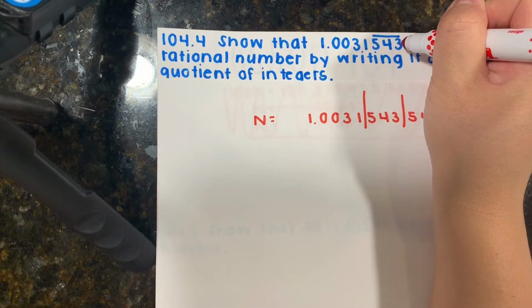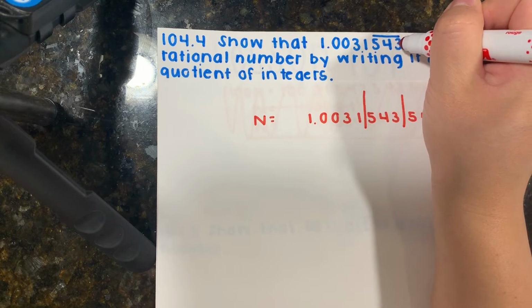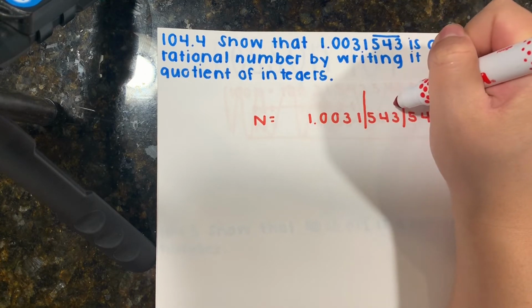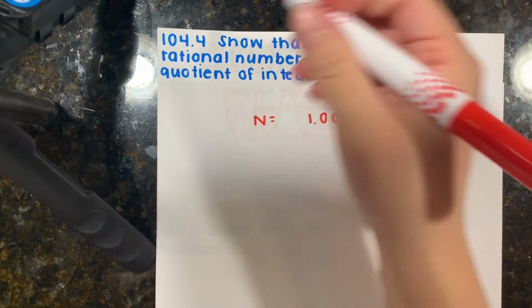So I need to multiply this by 1,000 so that this shifts over so that the 543s match up. So I'm going to multiply this by 1,000.